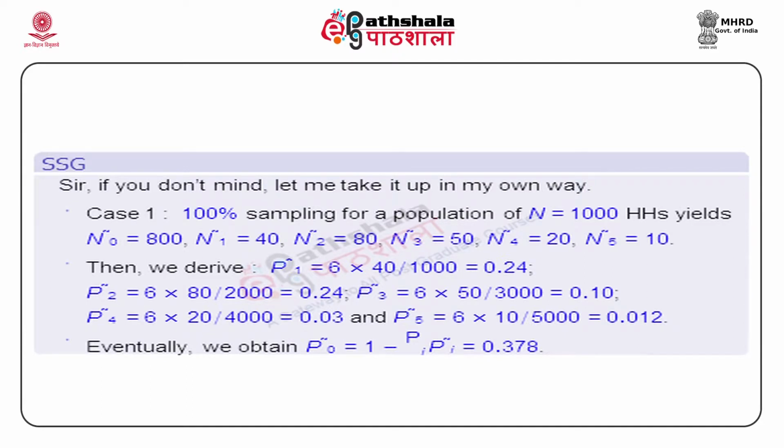Okay. And we apply the formulae. So, what is your P1? 24%, estimate of P1. So, what is the percentage of people who are present just on 1 out of 6 weeknights? 24%. That makes sense. P2 again 24%, P3 10%, P4 3%, P5 0.01%, and finally P0 38%.